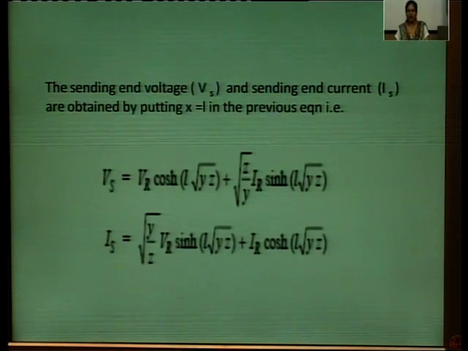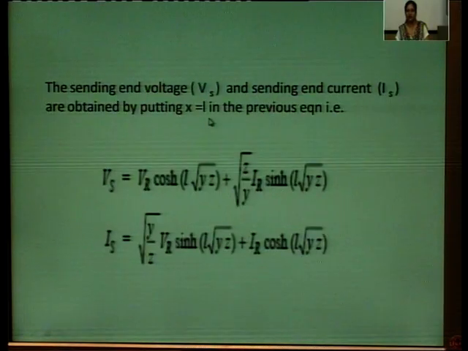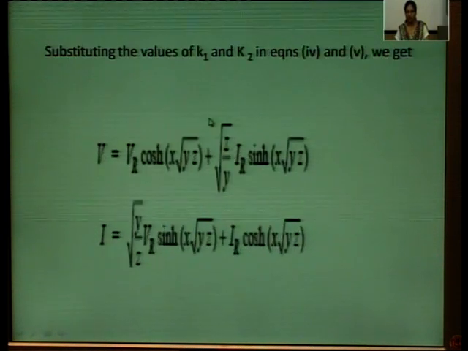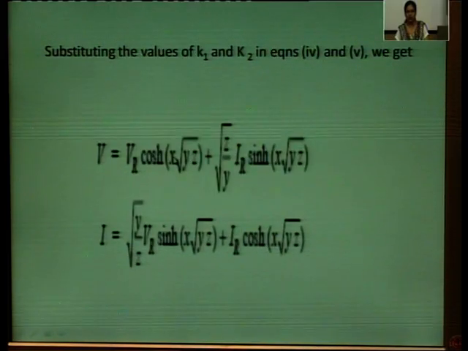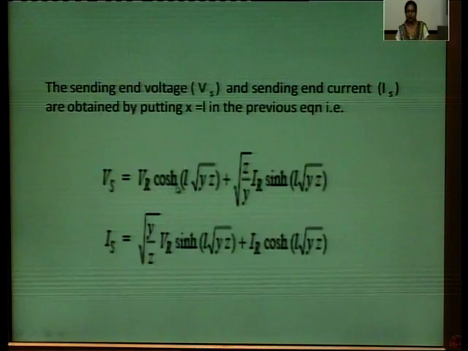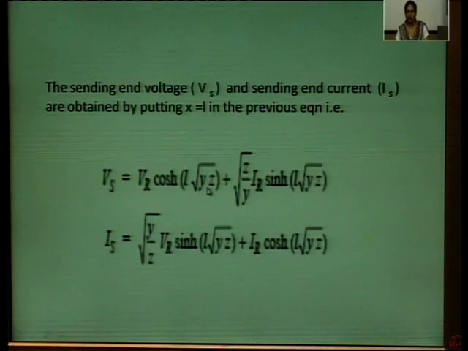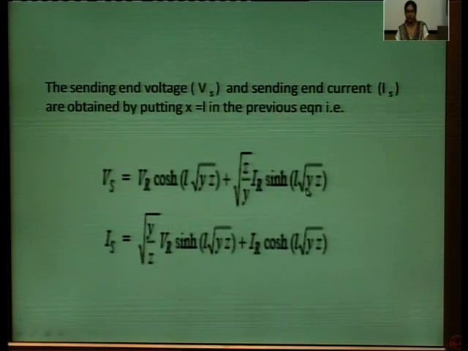Now, if we substitute that x is equal to L, we will get the sending end. So, V is equal to Vs at the sending end, and I is equal to Is at the sending end when x is L. So, substituting V equal to Vs, I equal to Is and x equal to L, we will get two different equations: Vs equal to VR into cosh of L into root of yz plus root of z by y into IR into sinh of L root of yz.